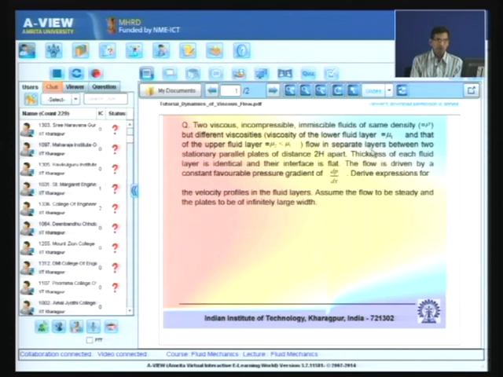They flow in separate layers between two stationary parallel plates a distance 2h apart. Thickness of each layer is identical and their interface is flat. The flow is driven by a constant favorable pressure gradient dP/dx. You have to derive the expression for the velocity profiles in the fluid layers. You can assume the flow to be steady and the plates to be of infinitely large width.